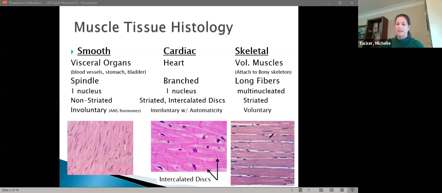Now the term striated means striped. Skeletal muscle is considered heavily striated, meaning that these stripes are very defined. Cardiac muscle tissue is also striated, but it's considered lightly striated because the arrangement of muscle proteins is different than in skeletal muscle.